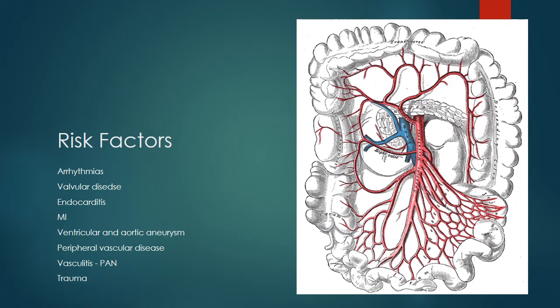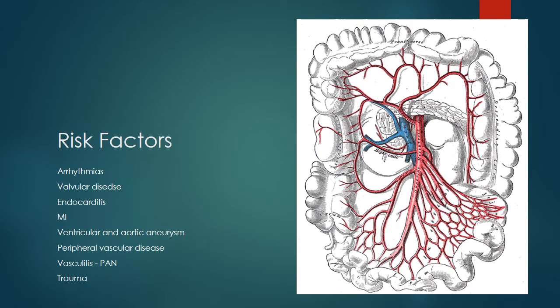So now there are a number of risk factors associated with the development of acute mesenteric ischemia, and these include those that are risks for embolic disease and those that are at risk for developing thrombosis. Embolism obviously is more likely to occur in patients who have an underlying arrhythmia like atrial fibrillation.